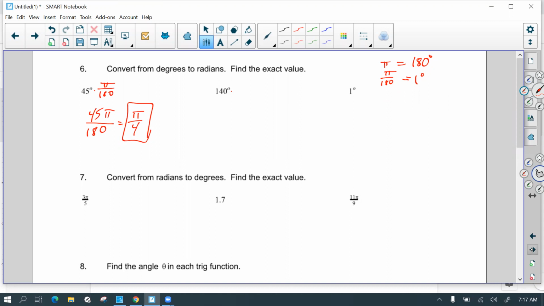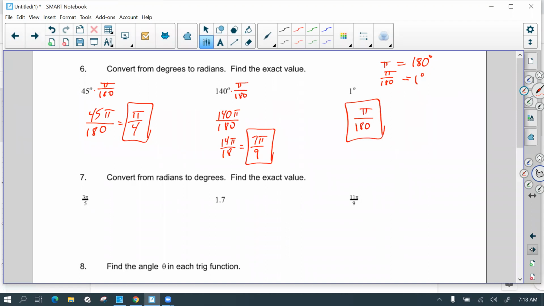So 140 degrees must be 140 pi over 180. The 10s cancel out, the 2s cancel out, and 7 and 9 are relatively prime. They have nothing in common, so that's done.